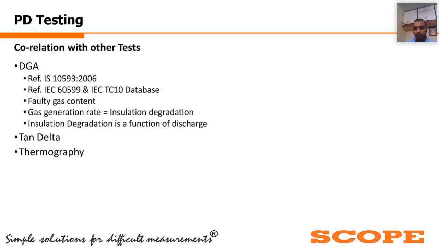But with partial discharges, you can actually detect these defects at their incipient levels, right? That means they are not emanating the kind of energy that can cause a hotspot at those points. So these are some methods that are always correlated with partial discharge testing, or the location of partial discharges.